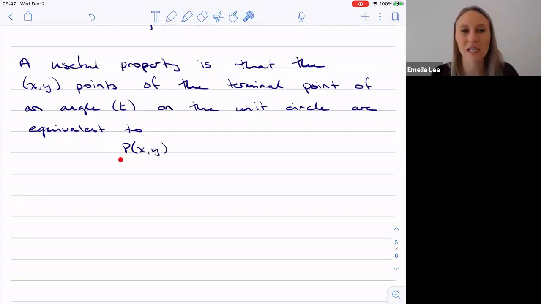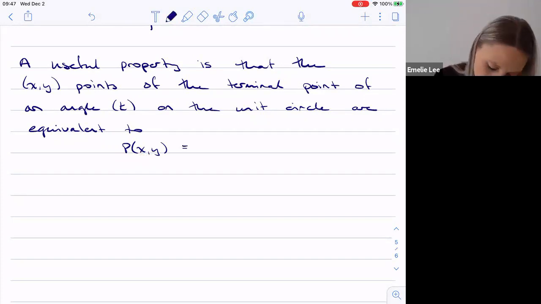This P is just indicating that it's some point with coordinates x, y. It's going to be (cos t, sin t).